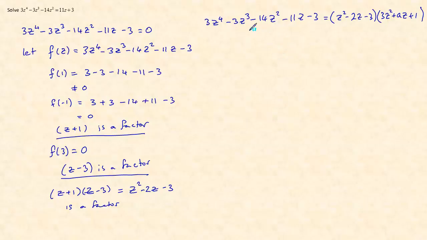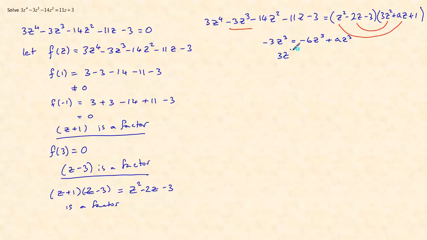So let's look at the z cubed term. What gives me that over here? Well, if we do this one times this one, that will give me a z cubed. And if I do this one times this one, that will give me a z cubed. So those are the only ones that give me a z cubed. So I've got negative 3z cubed is equal to negative 6z cubed plus az cubed.